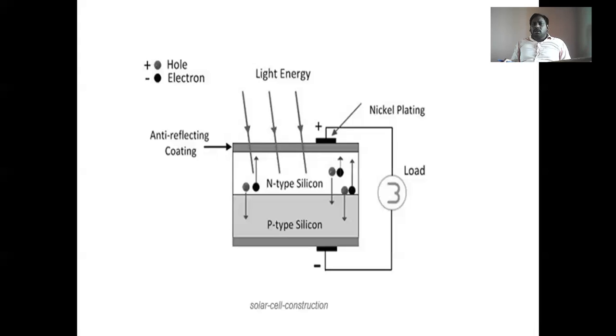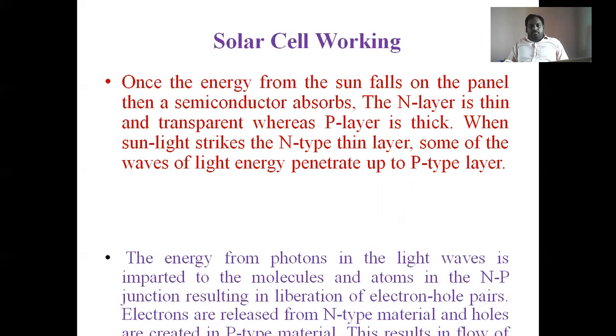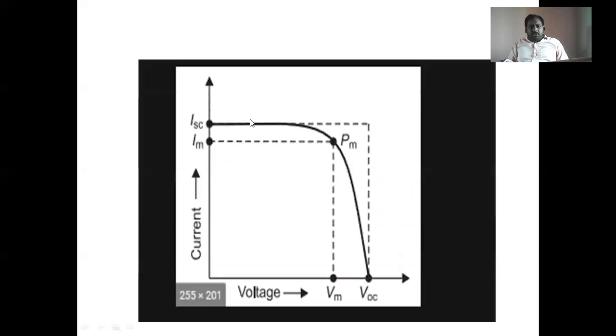So that's why this potential difference between the n-type and p-type semiconductor, or between two electrodes, is independent of the intensity of light. So if we go to the characteristics, see here, this is the voltage.